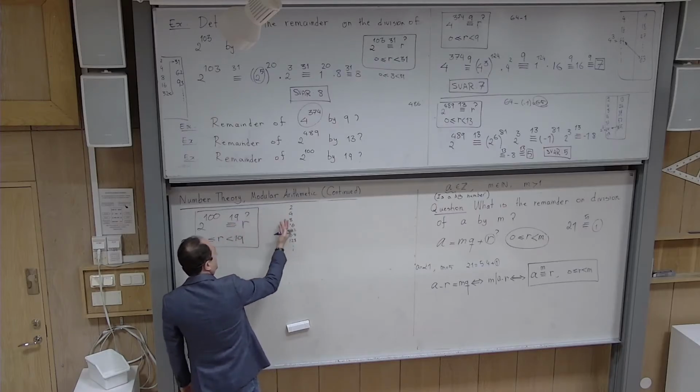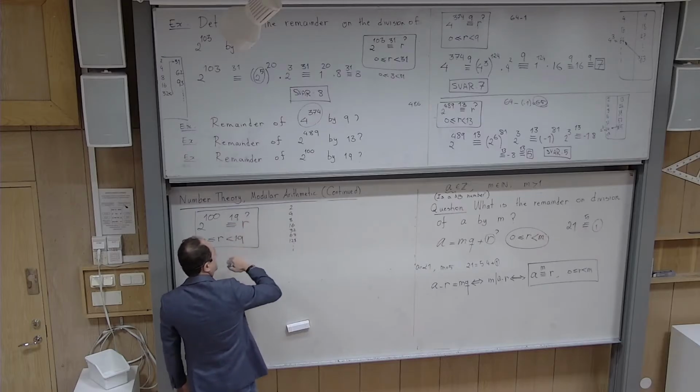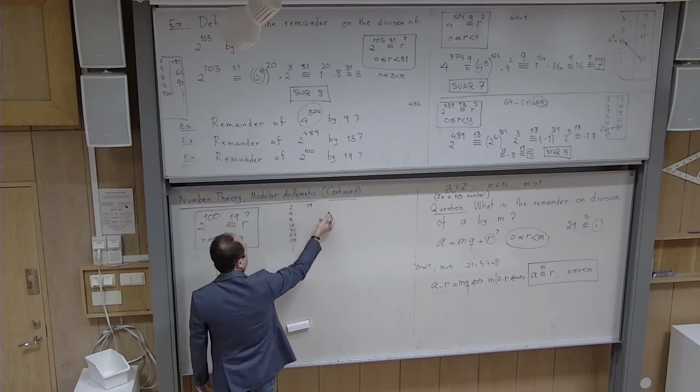For our brain, we will be very limited in how many of them we can write. So 19, and then the next one is 2 times 19, which is 38.